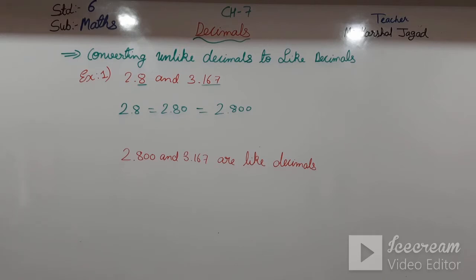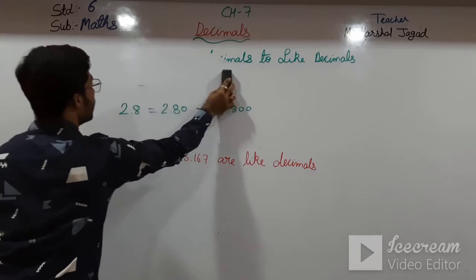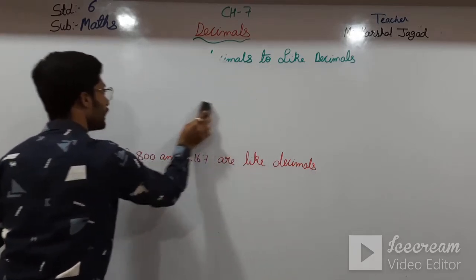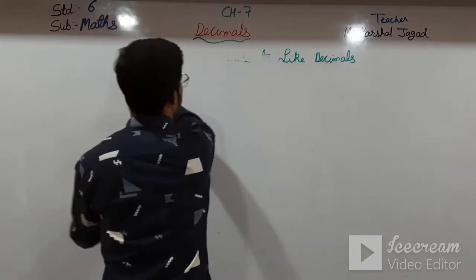Here, the next topic is representation of decimals on a number line. How will we represent the decimals on the number line? So let us do that.